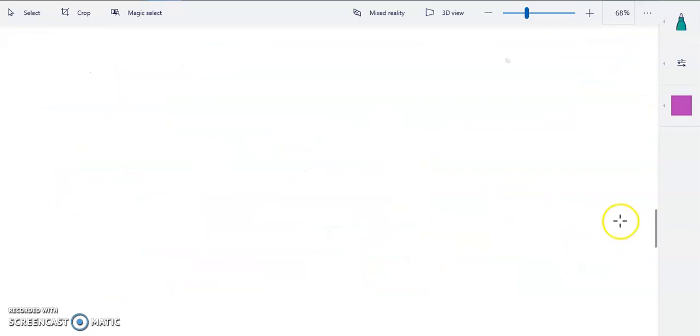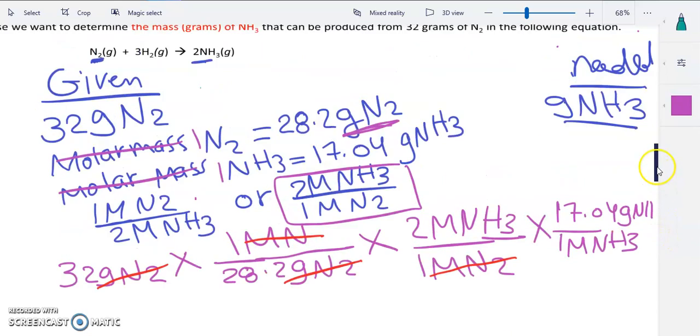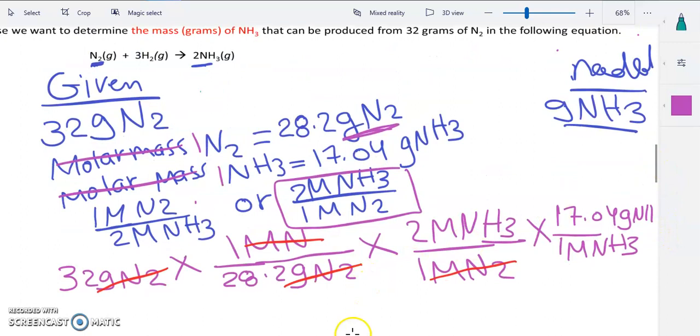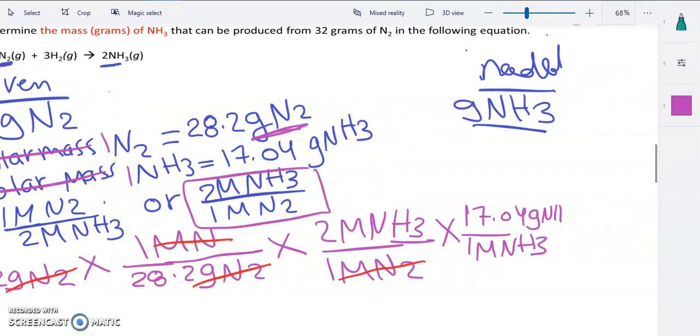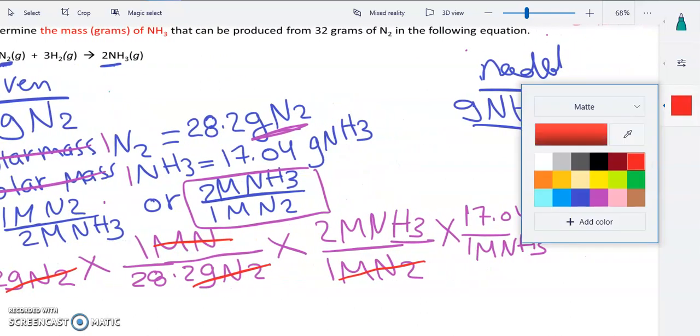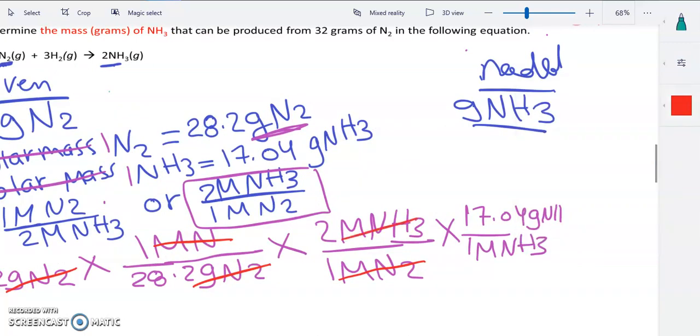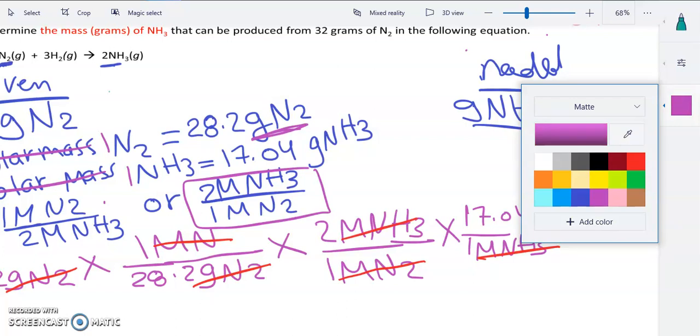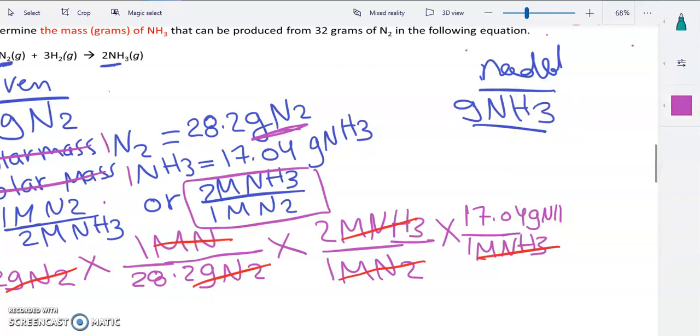Oops, sorry. Okay, now time to cancel out our units, mole and mole. Now we check, is this what we're looking for? Grams NH3? Yes. So we finish up, do our calculations, and then we write the unit grams NH3.